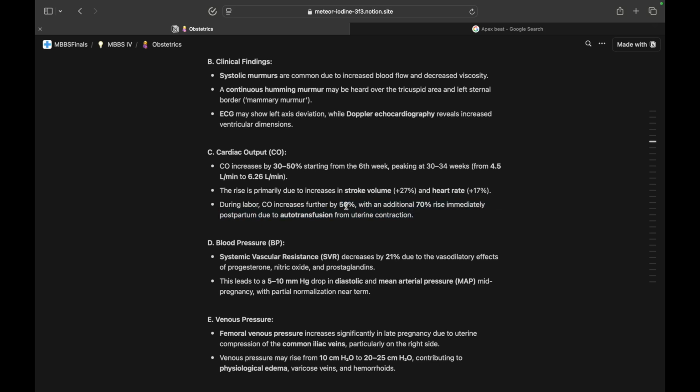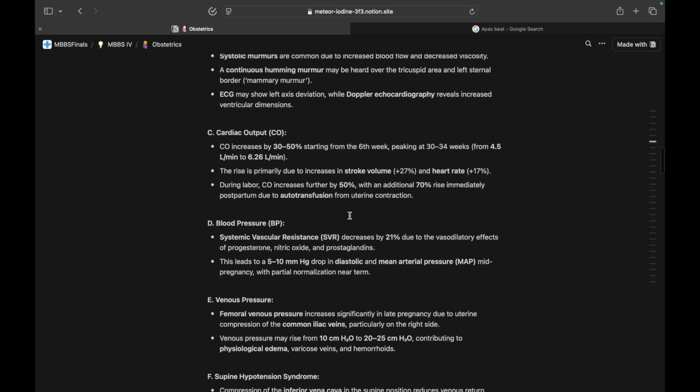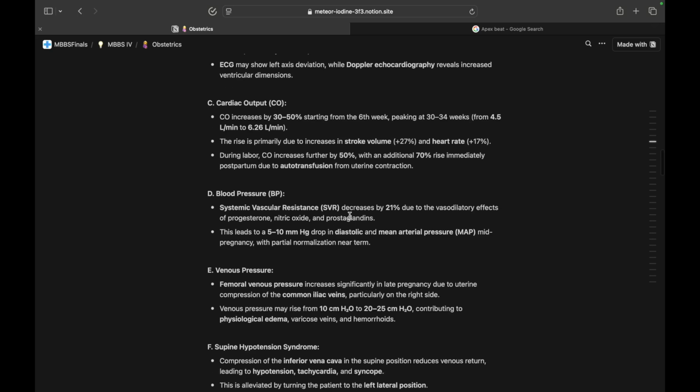The uterus is filled with blood, and now the uterus is becoming small, and all the blood is coming back into the systemic circulation, and cardiac output is rising to 70%. So initially it was a 30 to 50% rise, then a further 50% rise, then an additional 70% rise, which is very interesting and very helpful to understand.